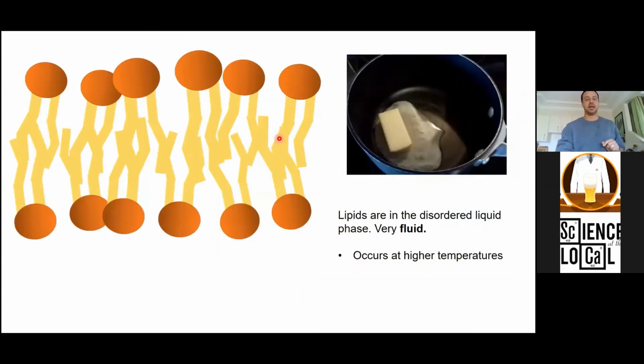Alternatively, if we have lipid tails that are less ordered, they're more fluid and able to wiggle about and get in between each other and get around the place. Increasing the temperature of your membrane can also cause that. That's exactly what happens with butter, for instance. Butter is in the solid phase at low temperatures, but as we all know, when we increase the temperature, butter starts to melt and goes into the fluid phase.